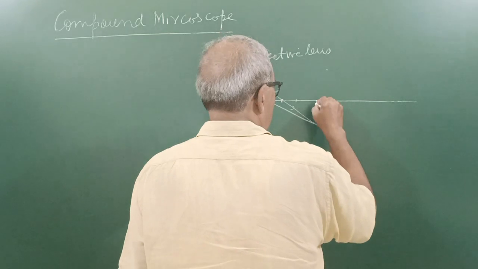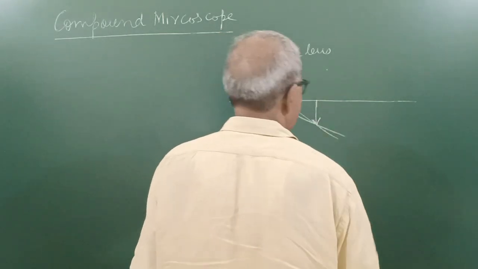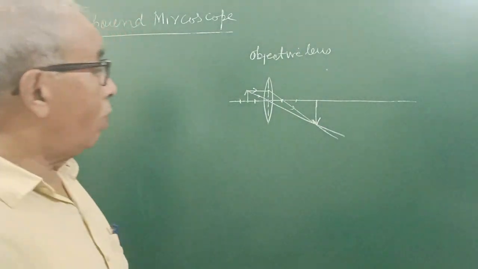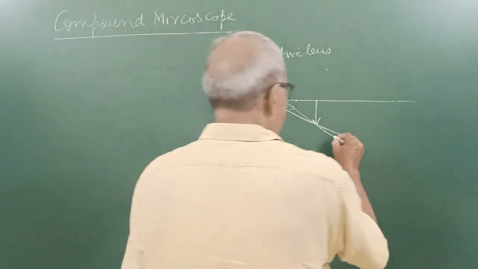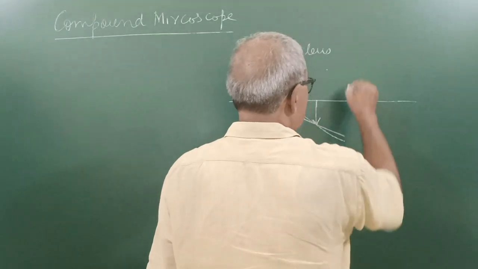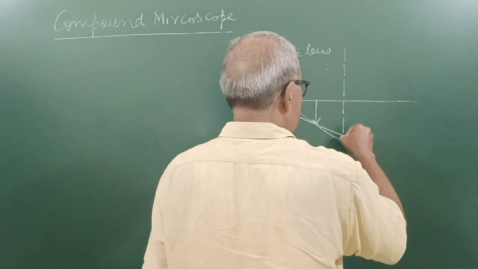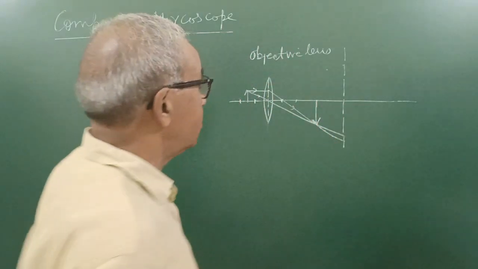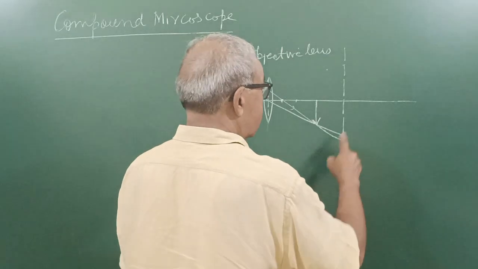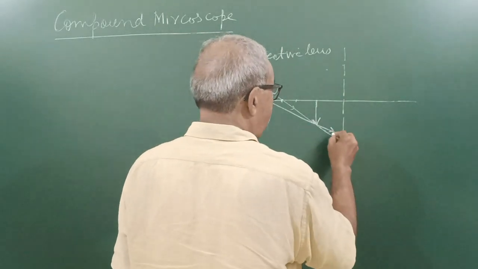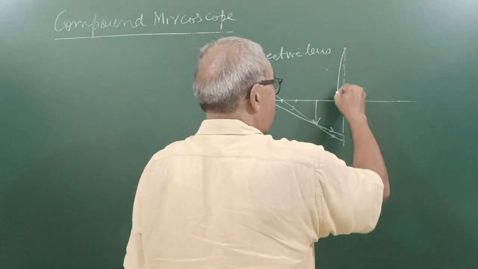Now complete this image here. Now you have to put the second lens, the eyepiece. First of all, draw a dotted line, just this axis of the lens, so that these rays intersect this. Put the arrow here. Then make the lens.